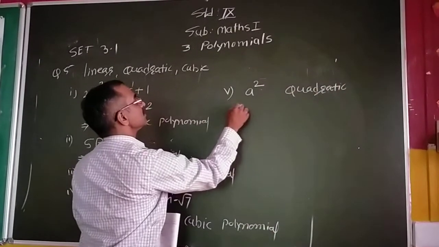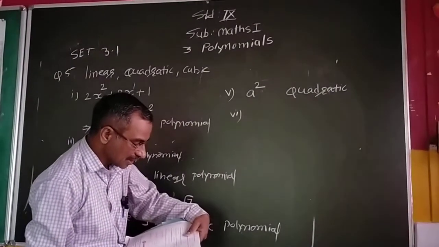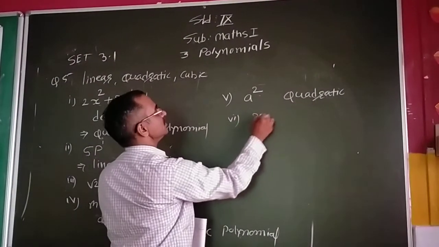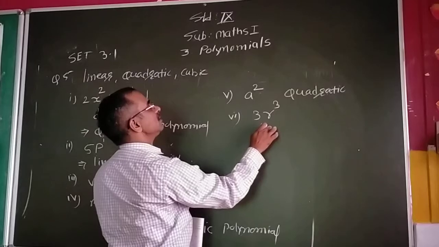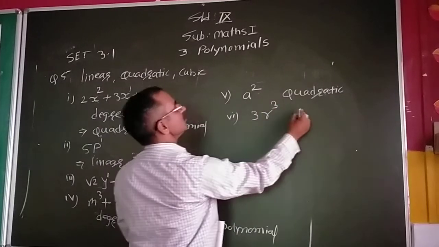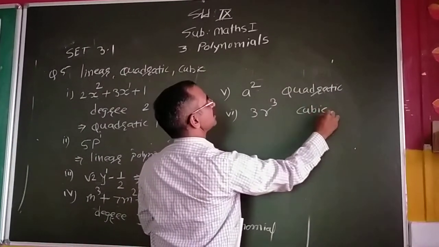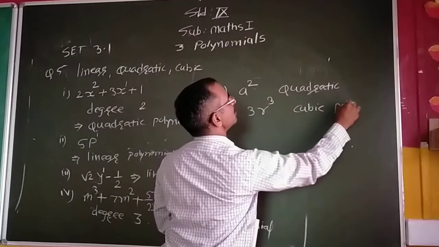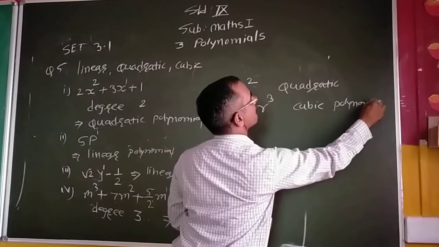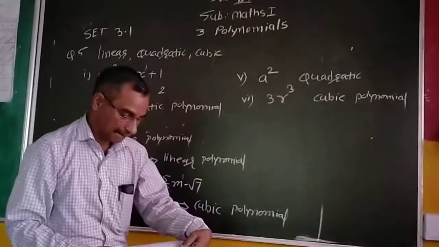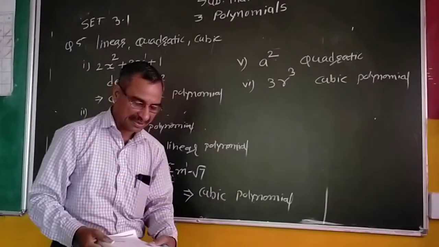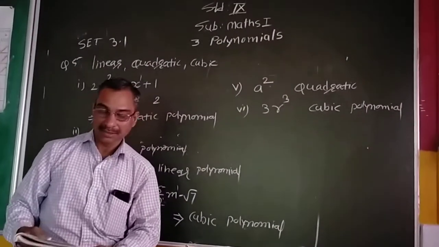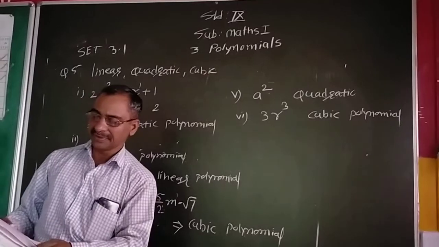Then sixth one, 3 r cube. What is the degree of r? 3. So it is cubic. When degree is 3, then it is called a cubic polynomial. So we solved all the examples in question number 5. The other 6 I will solve in the next video. Thank you.